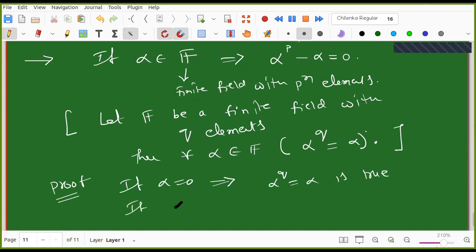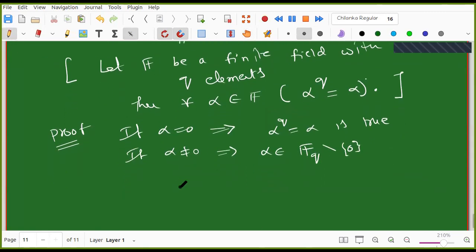If alpha is not equal to 0, this implies alpha belongs to F_q minus 0. Correct. Now F_q minus 0 is a group with respect to multiplication.